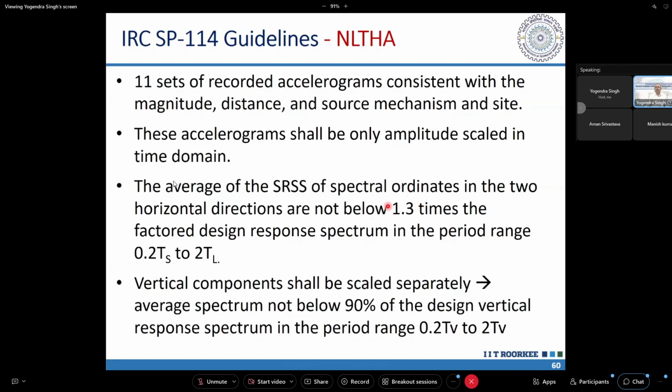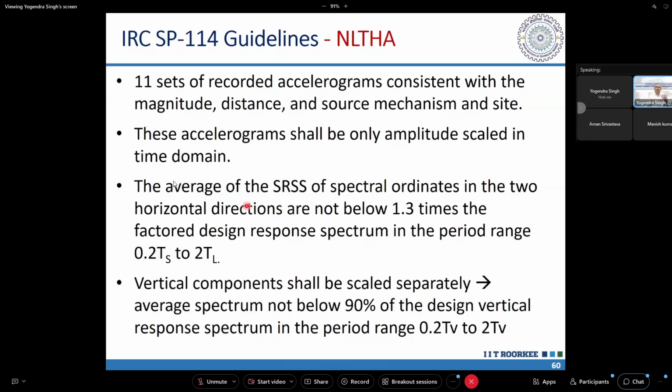Why 1.3, you may ask, because earlier we talked about the target response spectrum. Here we are saying 1.3 because we are doing SRSS. So if you take equal components in X and Y, its SRSS will be root 2 times. So to take that root 2 times into account, this 1.3 is there. In fact, root 2 is 1.4.